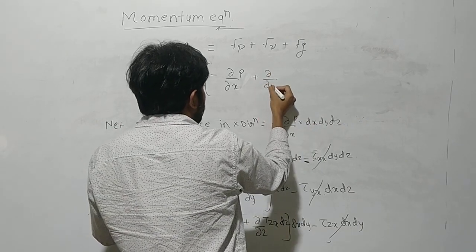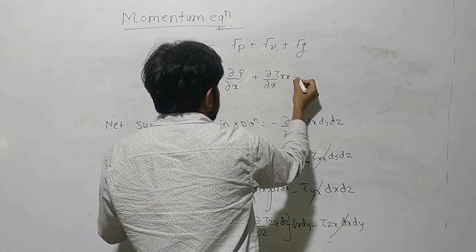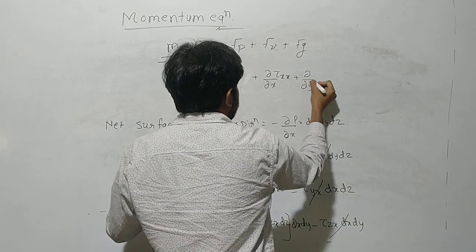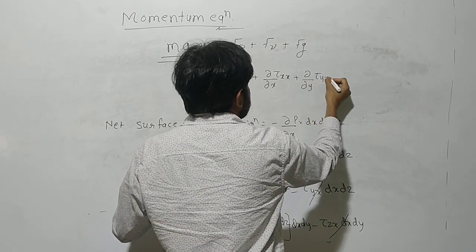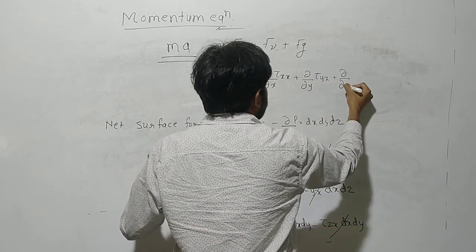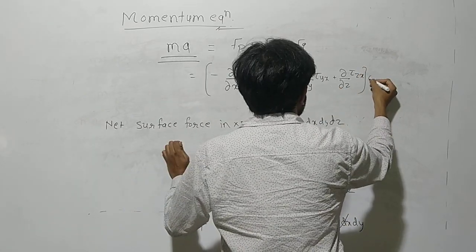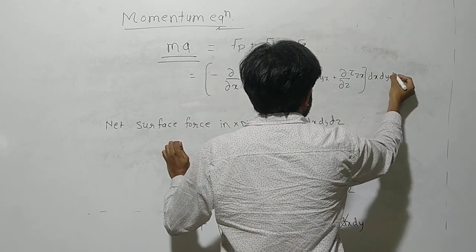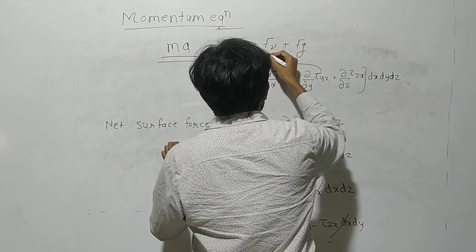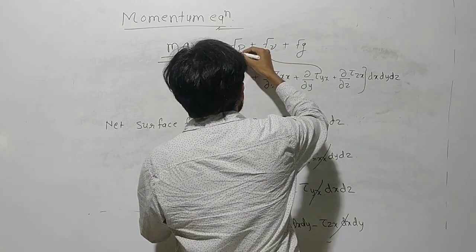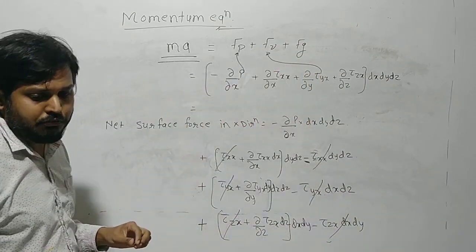Plus del by del x of tau xx, second term plus del by del y of tau yx, plus del by del z of tau zx, and common is dx dy dz. So this is all your viscous term, this is pressure, and what is the gravity force?